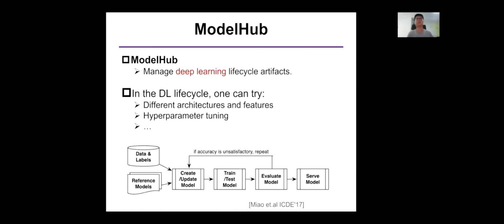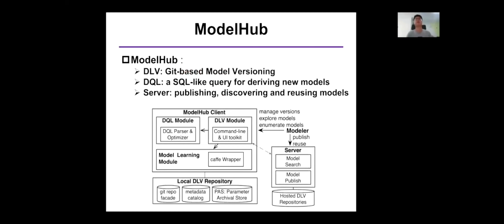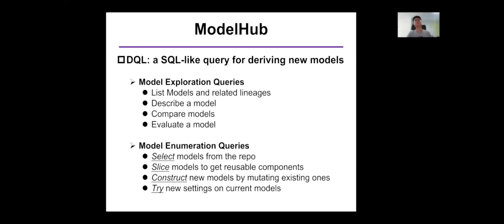And then ModelHub manages deep learning large-scale artifacts. It can try different architectures and features and store many hyperparameters for fine-tuning. And it also provides git-based model versioning and a cyclic query for deriving new models. And it can publish, discover, and use models.